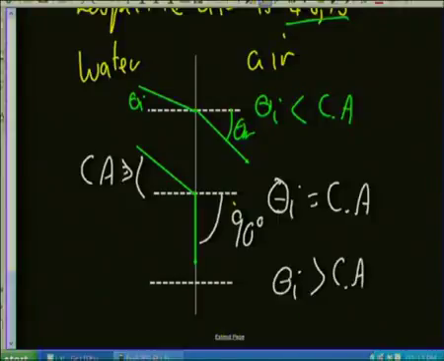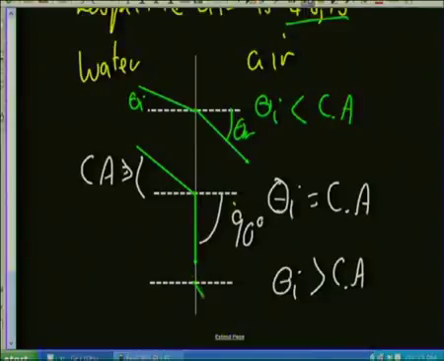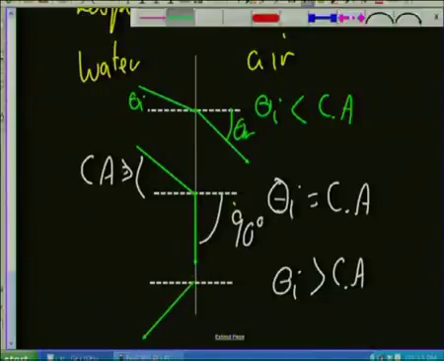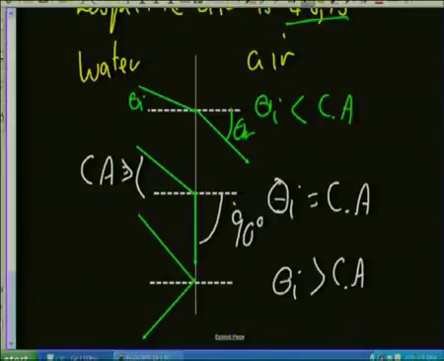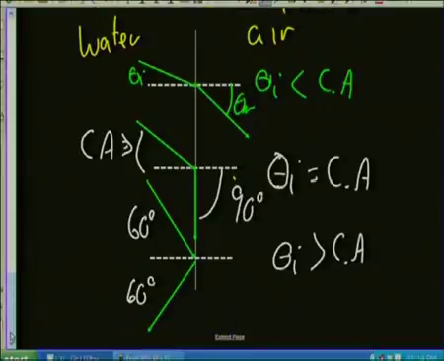Well, you need to be very clear about this. If it's going to be greater than the critical angle, then we're going to get internal reflection. So I need to draw it very carefully, and I'm going to be very clear that this angle must be bigger, must be a big angle. So if this one was, say, 60 degrees, then this is going to be 60. It's going to reflect internally.